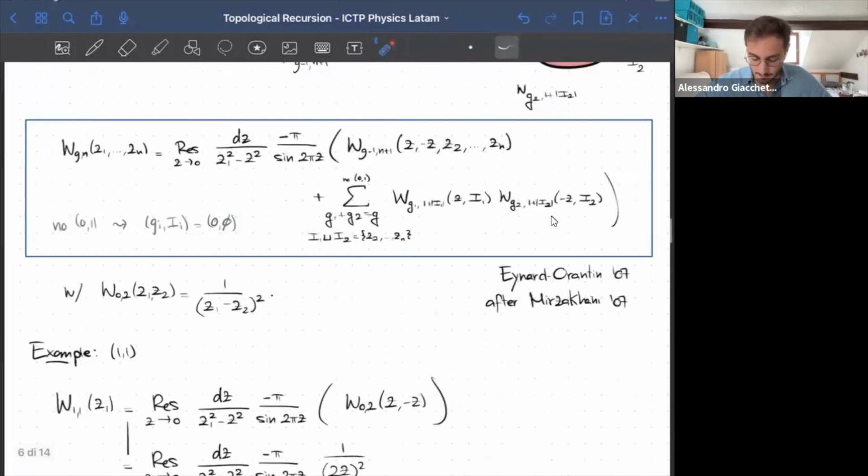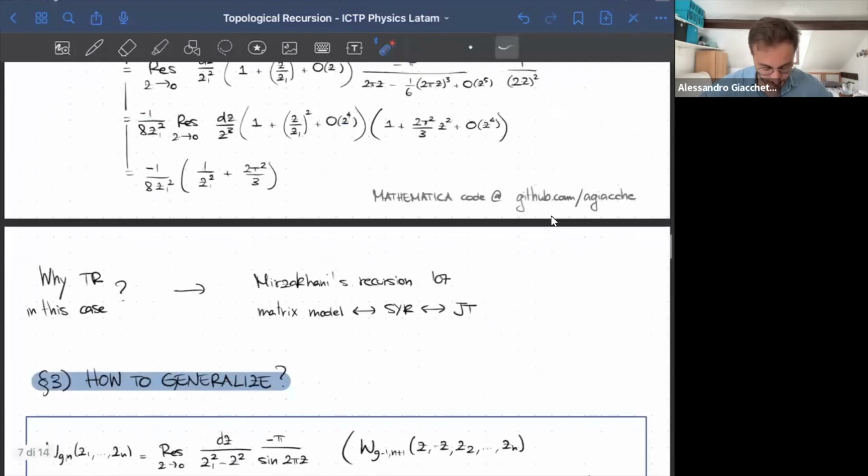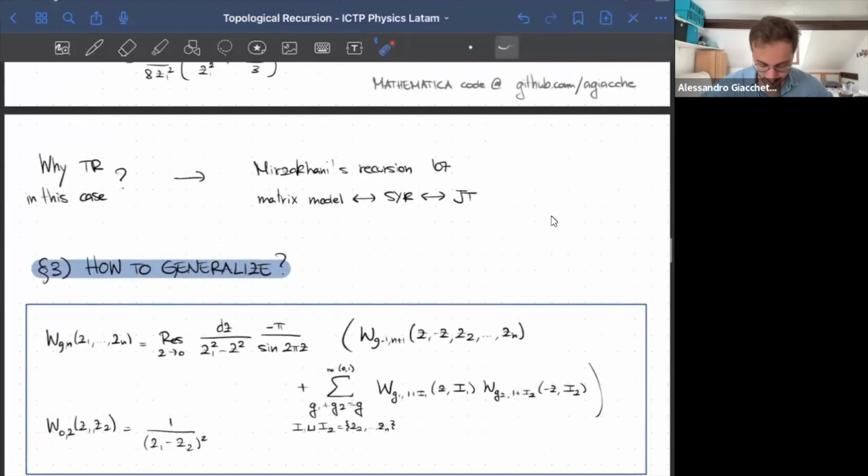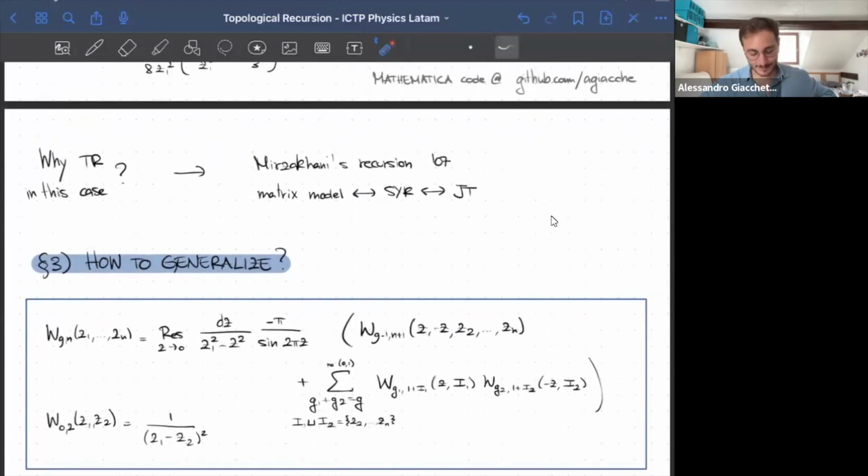But as I said, this is just one specific example of topological recursion. So how do you write this in a more general setting? Here I will essentially repeat what Eynard and Orantin did back in 2007.